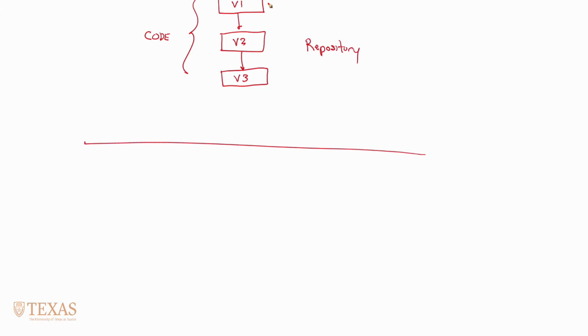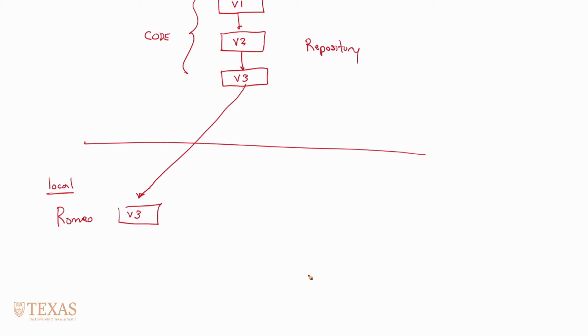It used to be that this repository would often live at a central server, away from a local user. So if we have a user, we'll call him Romeo, and he has what we'll call local, meaning on his machine. If Romeo wanted to work on this code locally, he would have to check out the latest version of the code.